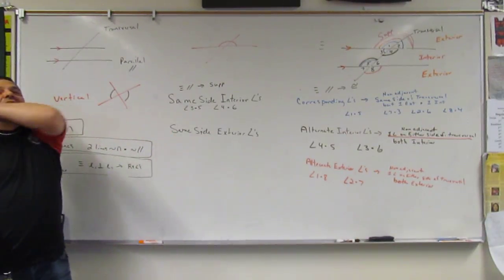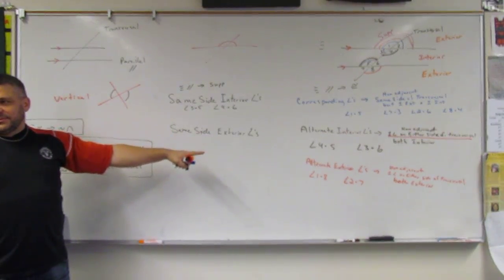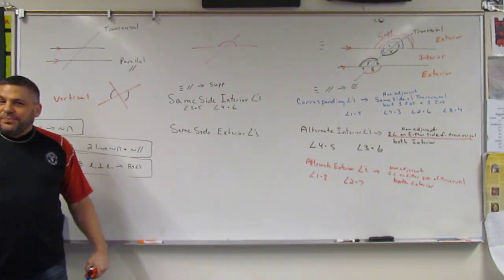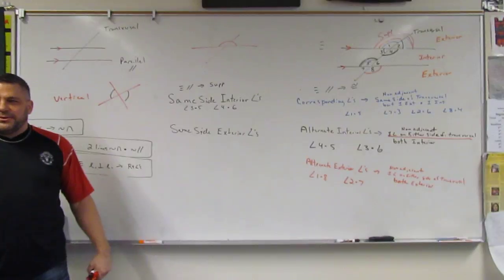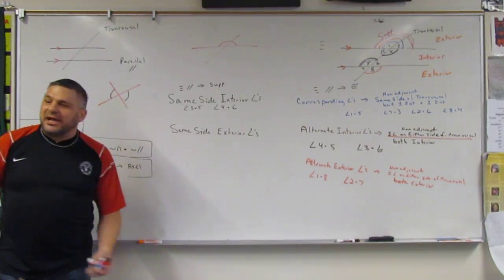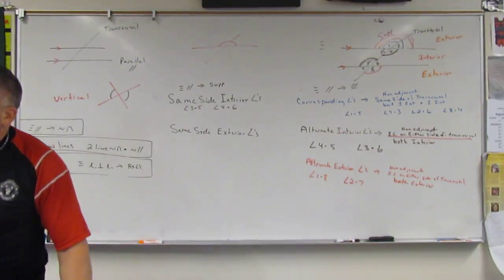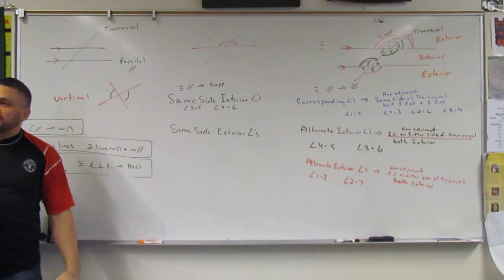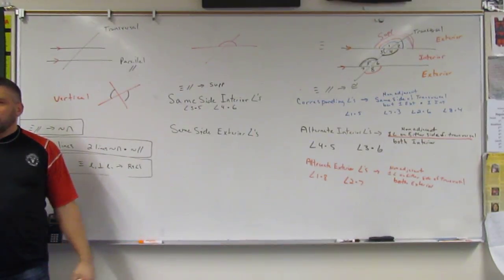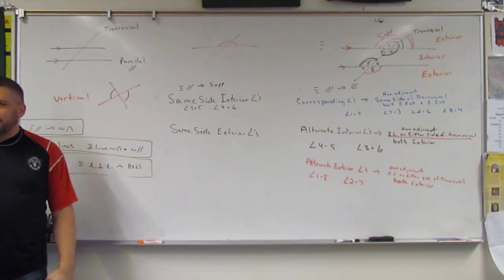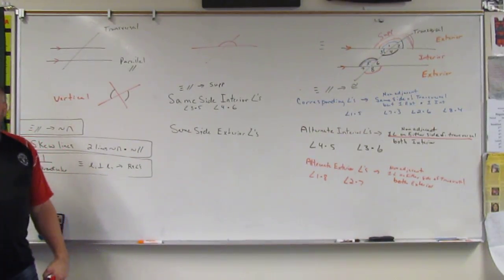This is going to be huge. Okay? It starts now. And all year long, we're going to be doing these alternate interior angles. It's just some of them will be parallel lines with parallelograms, triangles, rectangles, just all sorts. Okay? All sorts of quadrilaterals and such we'll get into.